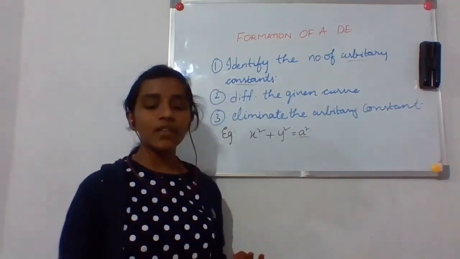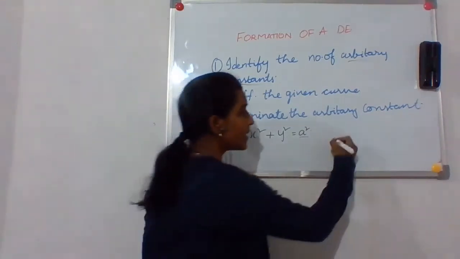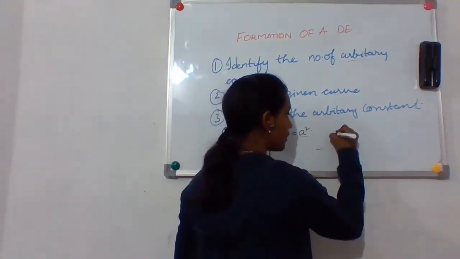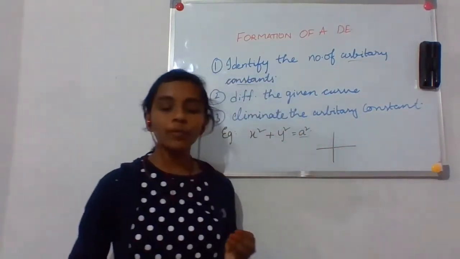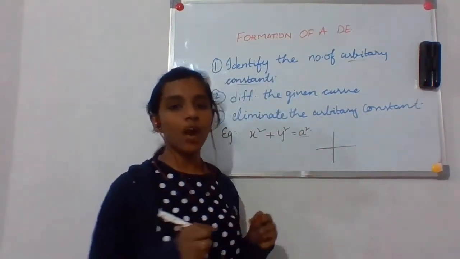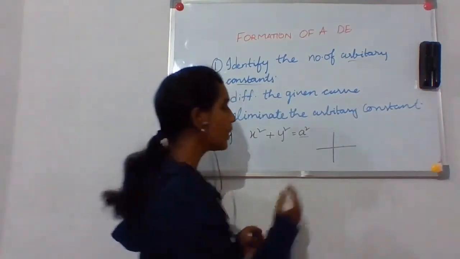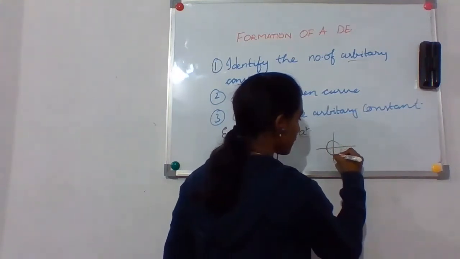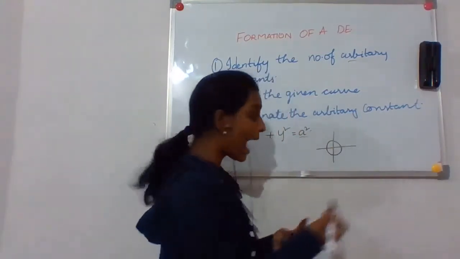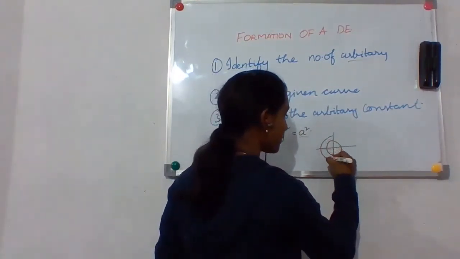So the radius of a circle will be changing. If I have to draw a circle with the origin as the center, then I'll draw it like this, right? I can also draw it like this.